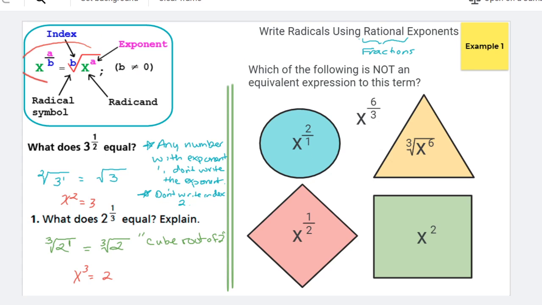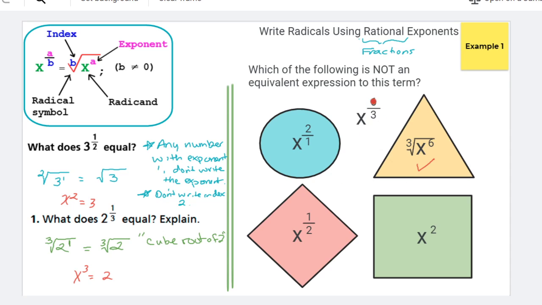If I follow this pattern, where the top of the fraction is the exponent and the bottom of the fraction is the index, this one is definitely correct. The top of the fraction is the exponent, the 3 here is the index. So this one's good.